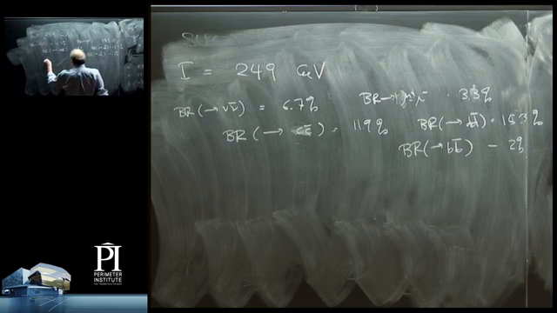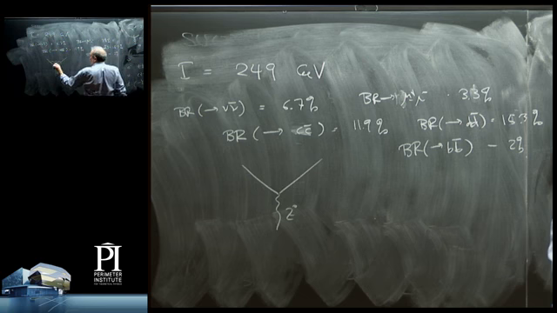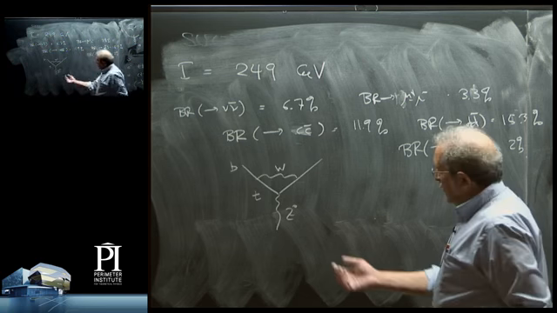I told you that the top quark was too heavy to be produced directly in Z decays, but it can be produced virtually. And it's produced virtually through some diagrams that look like this, where you make a top quark, you exchange a W, and you end up with b bbar. And then for gauge invariance, you also need this diagram.